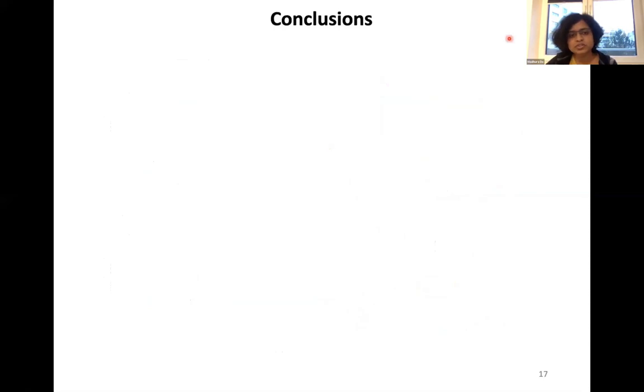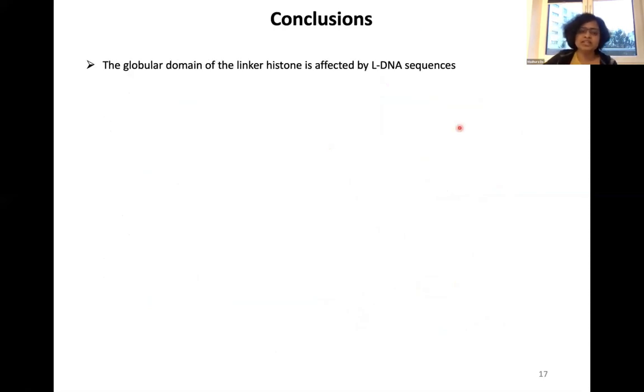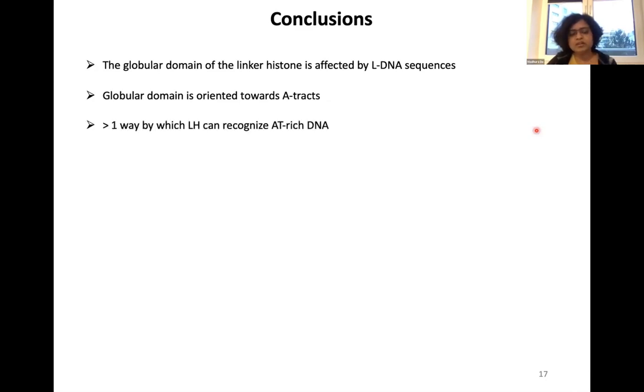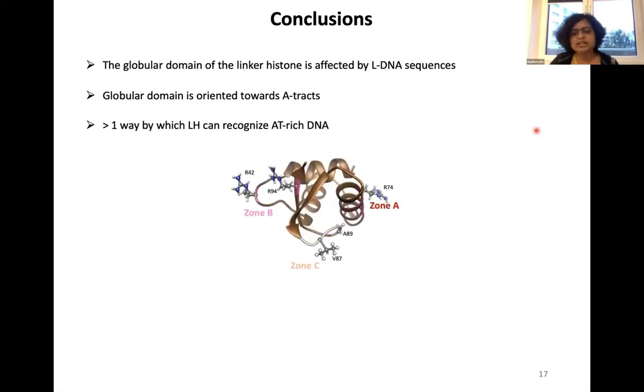So this brings me to the conclusion. What we see is that the globular domain is definitely affected by the linker DNA sequence, and that it is actually oriented towards the A tract. From previous work, if we take everything together, what we suggest is that, based on the binding mode of the linker histone, it can recognize AT-rich DNA via different mechanisms.